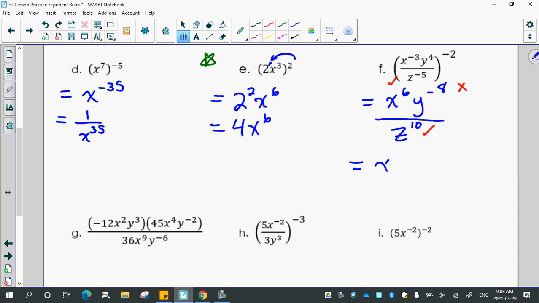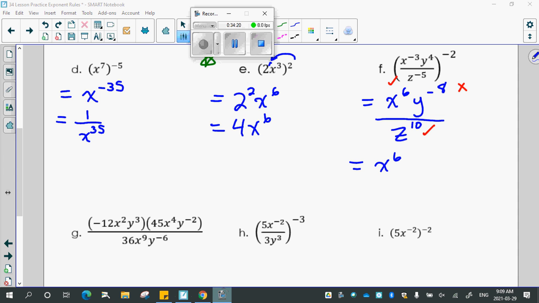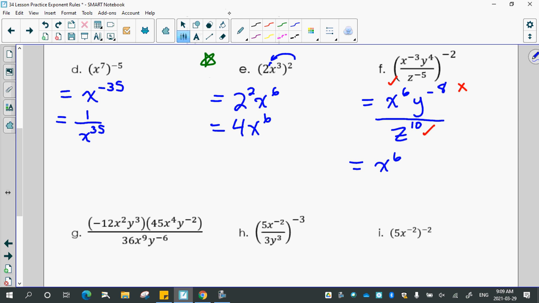So, my last step here: the only thing left in the numerator is going to be x to the 6th, and in the denominator, I'm going to have not only my z to the 10th, but y to the positive 8. So I moved it to the denominator, and the exponent became positive. Okay?